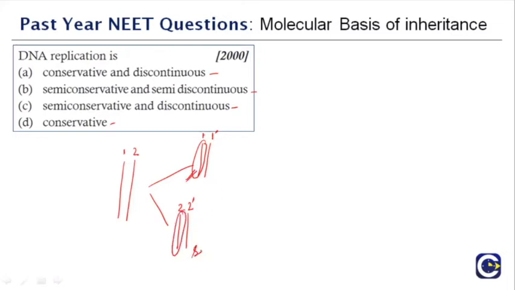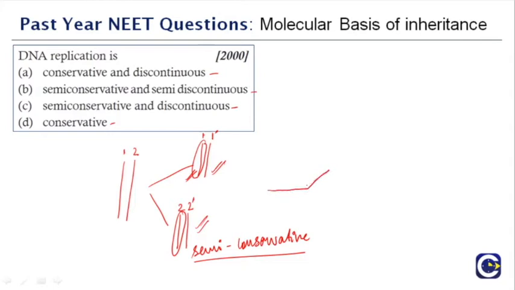Therefore, it is semi-conservative. Okay, that is the meaning of semi-conservative, that only one of the strand is conserved in the new DNA molecule after DNA replication. And then DNA replication is semi-discontinuous. And why is that?